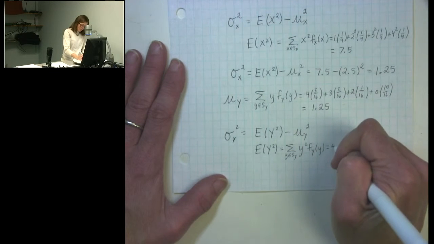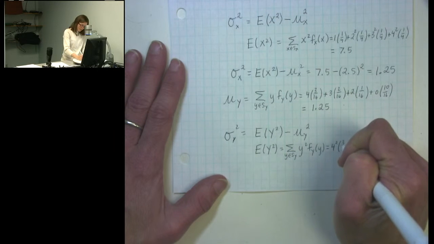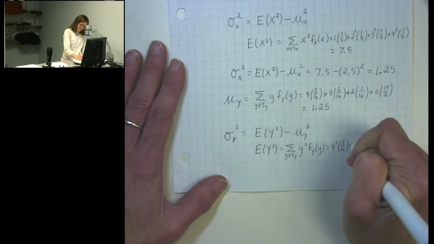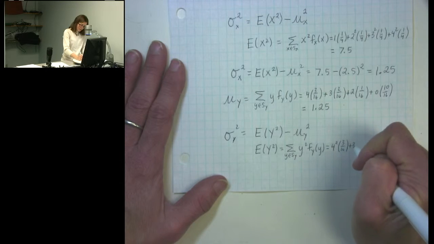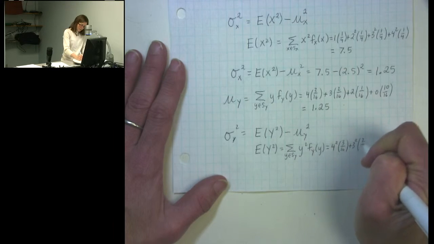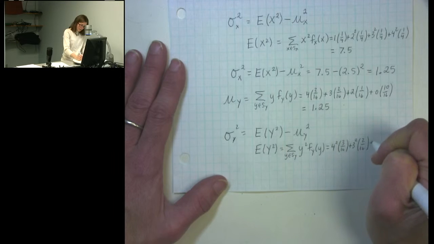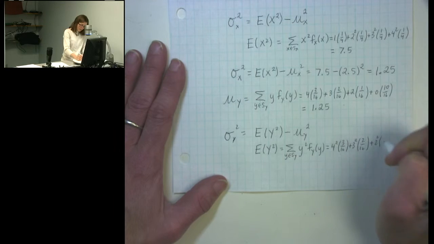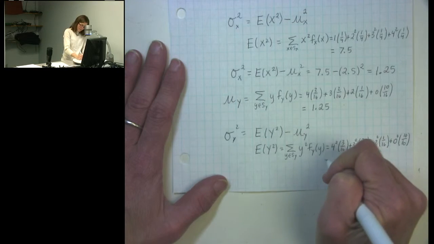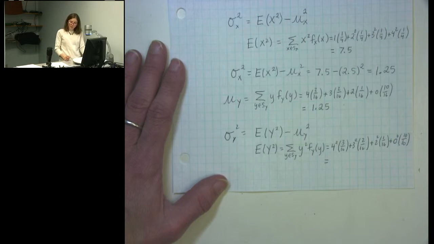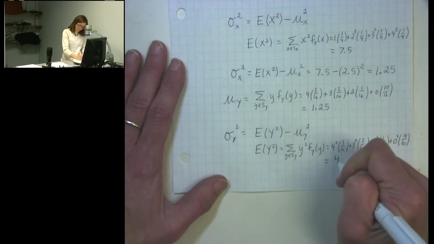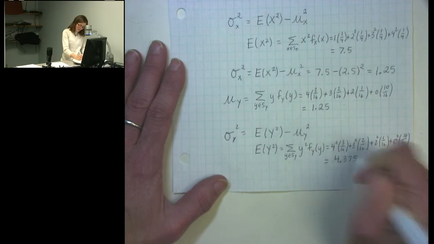So I'll get 4 squared times 3/16 plus 3 squared times 2/16 plus 2 squared times 1/16 plus 0 squared times 10/16, which gives me my expected value of y squared equal to 4.375.